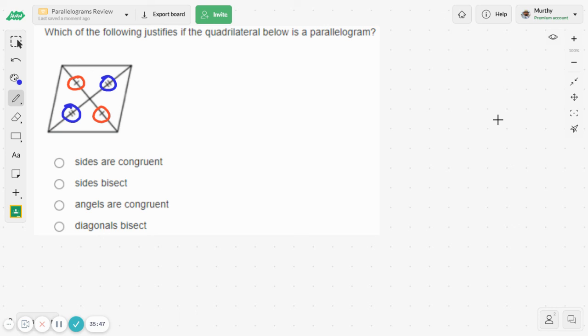Therefore, we have to talk about the diagonals. So it is about sides. So not this one. Sides bisect, no way. Angles, no. Oh, I see that diagonals bisect each other. Yes. Therefore, this is going to be the correct option.